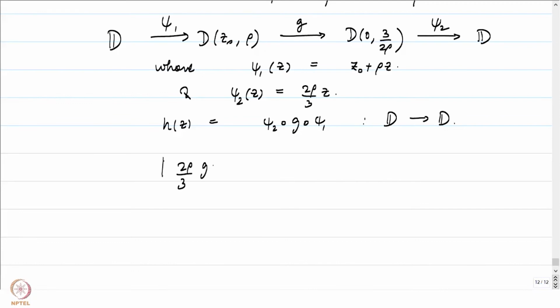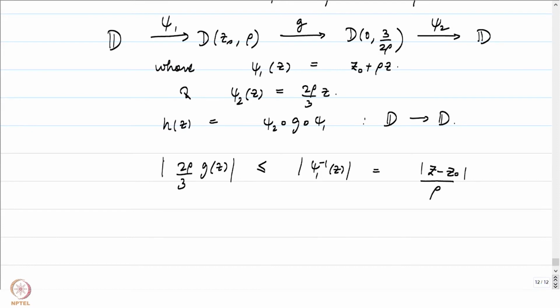And by Schwarz's lemma, we have the absolute value of psi 2, which is basically 2 rho by 3 times g of psi 1 of z, which let me compose by the inverse to get the absolute value of psi 1 inverse of z, which is equal to z minus z0 by rho.